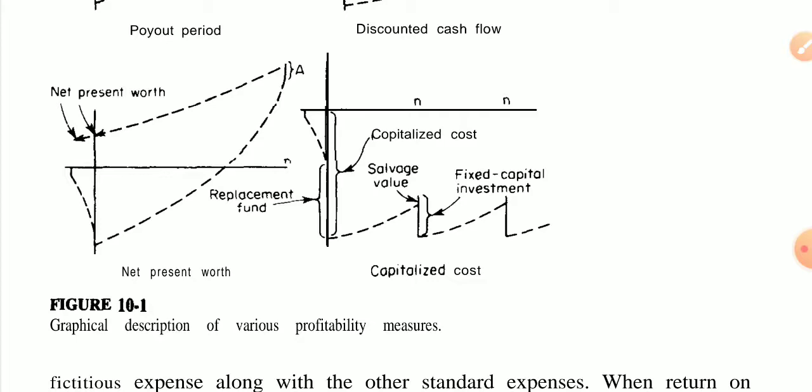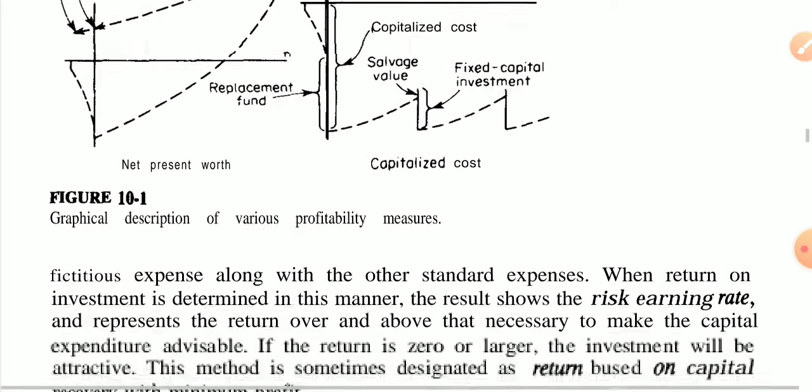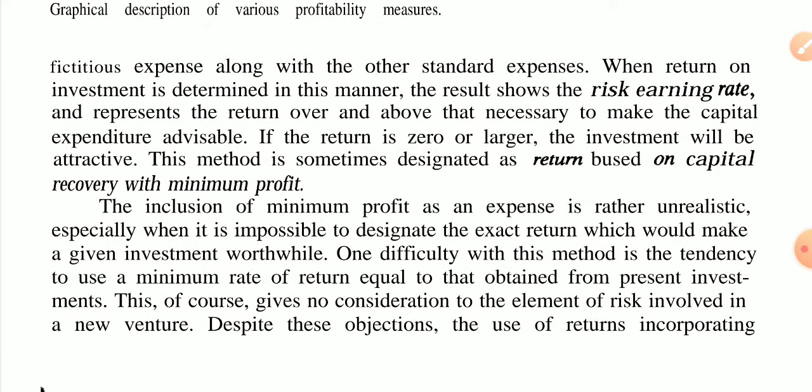Now, the graphical description of various profitability means this system. Okay, physician's expenses along with the other standard expenses when the return on the investment is determined in this manner.